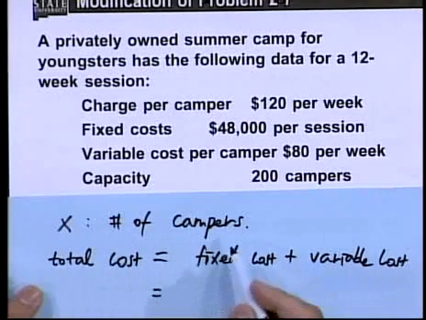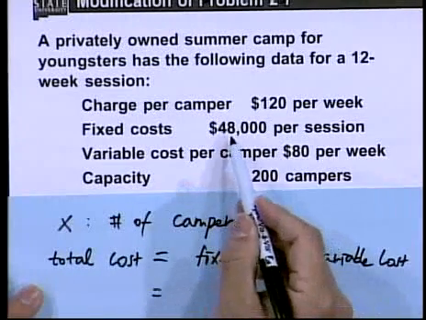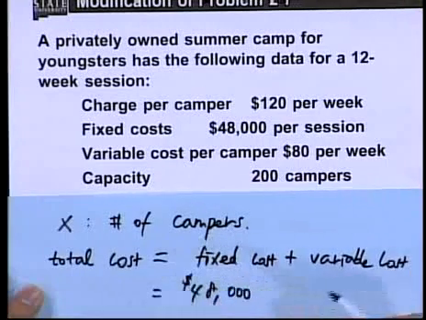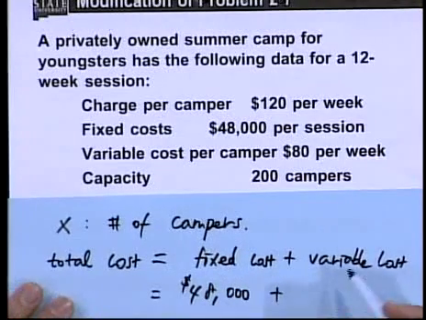So fixed cost is how much? Here, 48,000. What about the variable cost?